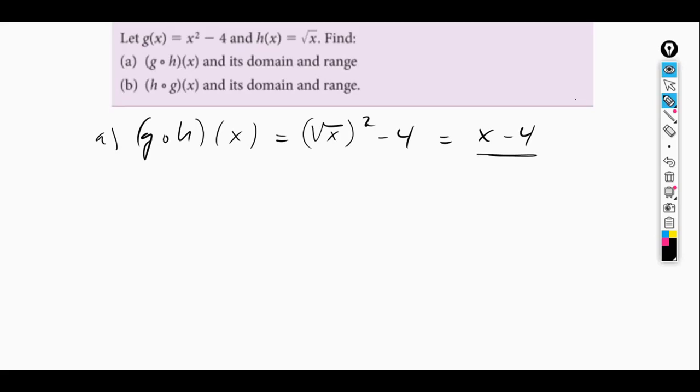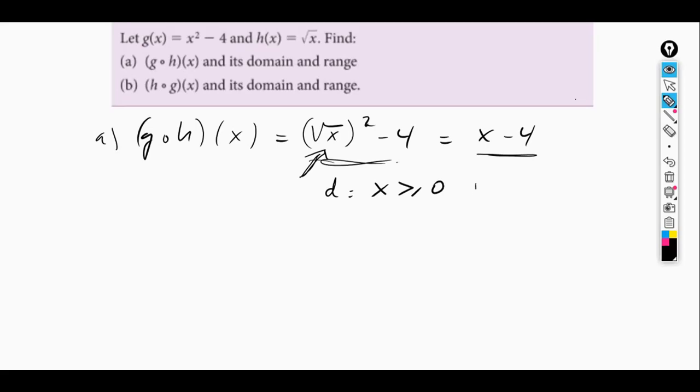But because it's a composite function, we have to take into account h of x. So we can use this here to see what the domain and range are. So h of x, which is square root of x, is going to limit the domain. The domain will be x values that are greater than or equal to 0. That is the domain because we cannot have negative square roots.